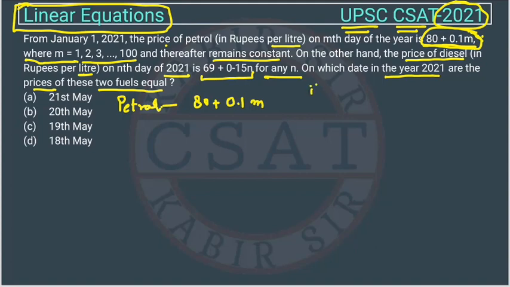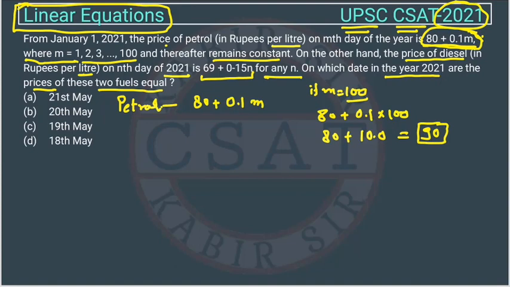If m is 100, then the price will become 80 plus 0.1 into 100. So we are determining the price on the 100th day. It will be 80 plus this much, so the price will be 90.